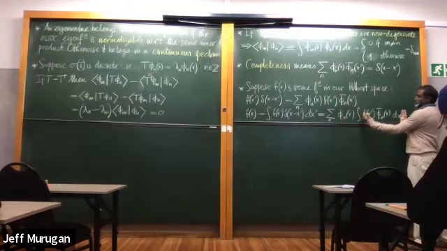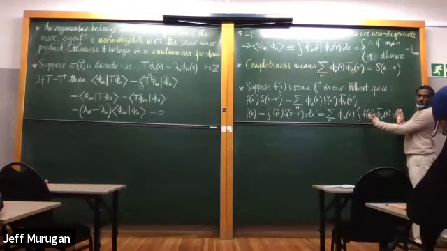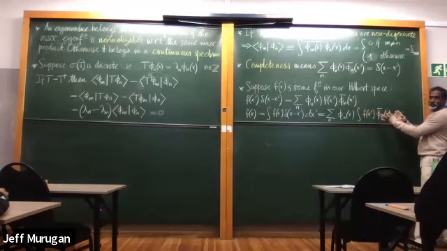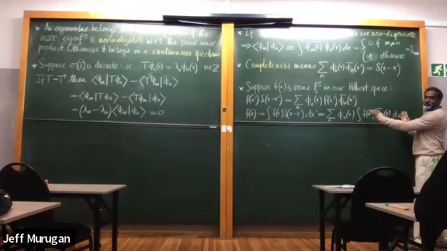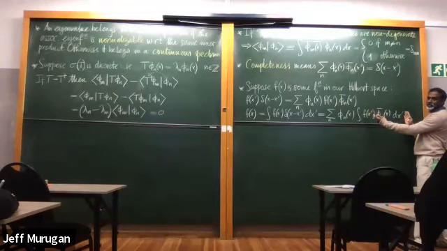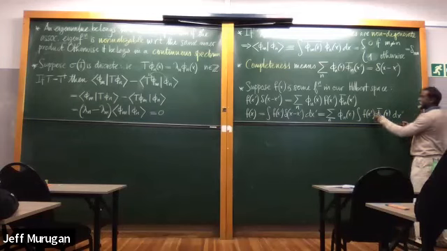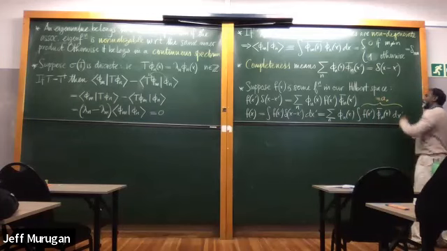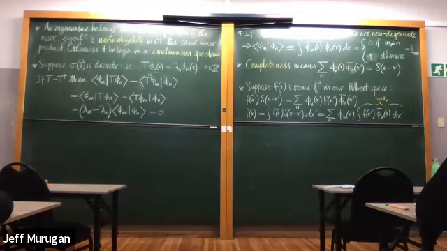And whatever this is, it's a constant in the continuous variable x, because I integrate out all the x prime dependence. It's going to carry an n label, but I've integrated out the x dependence. You see that? So let's just call this a_n, some set of constants.